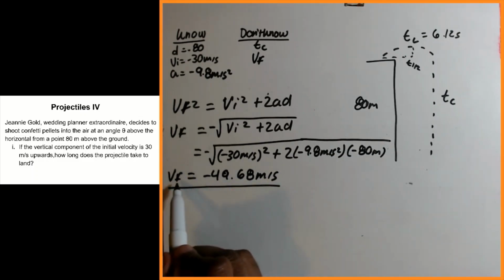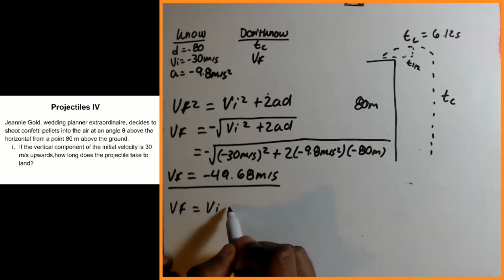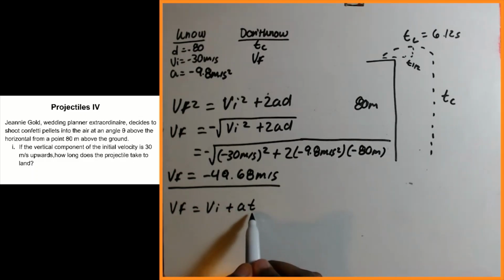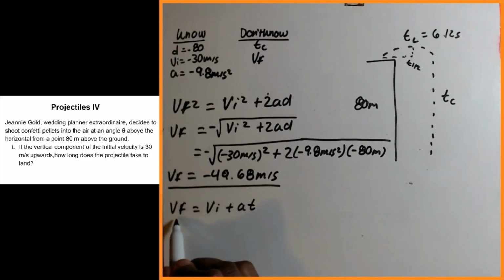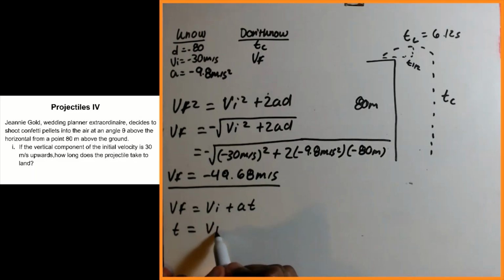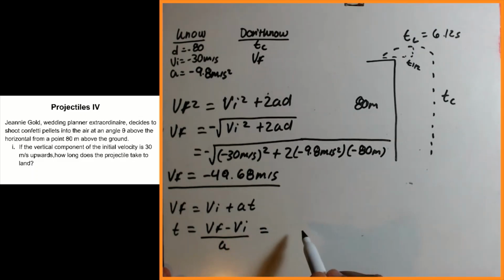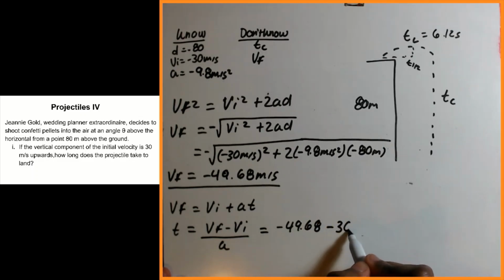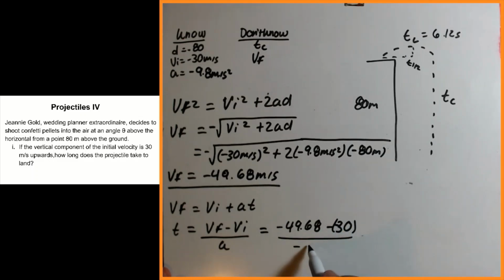Now we can grab this value and plug it into this formula over here and solve for T. If I rearrange this to isolate T, you move the VI over and divide by A. So T is equal to VF minus VI all over A. This becomes minus 49.68 minus, oh, minus 30 because it's negative as well, all over negative 9.8.